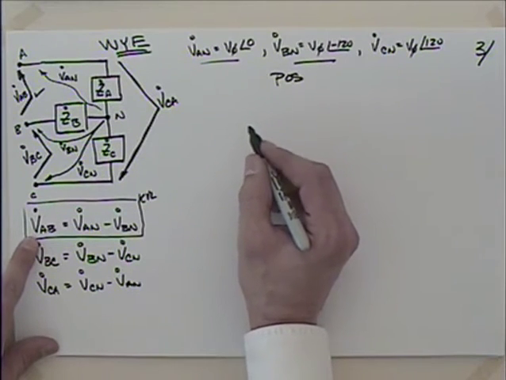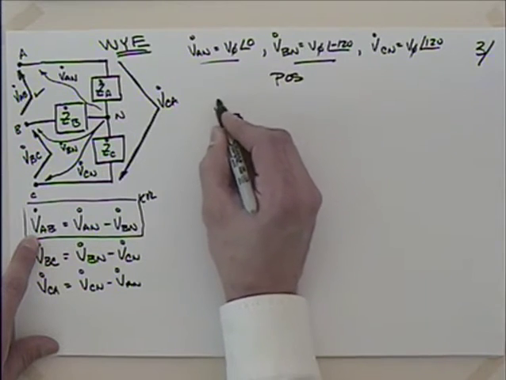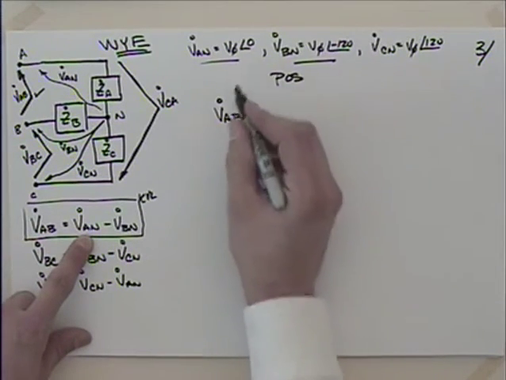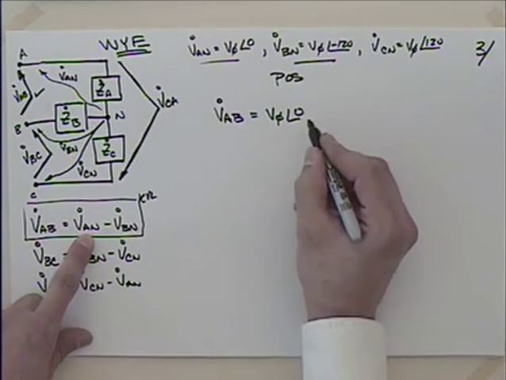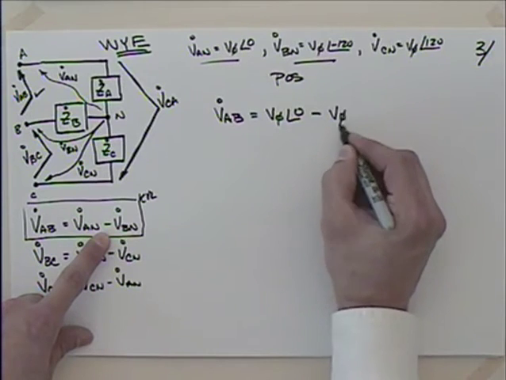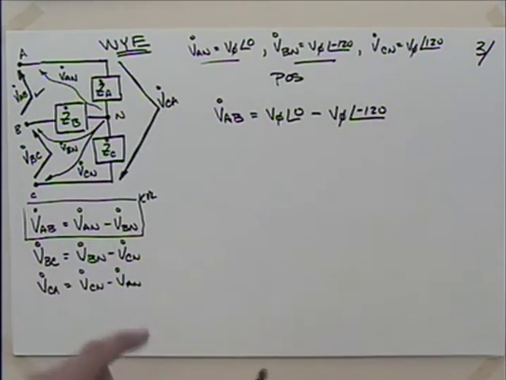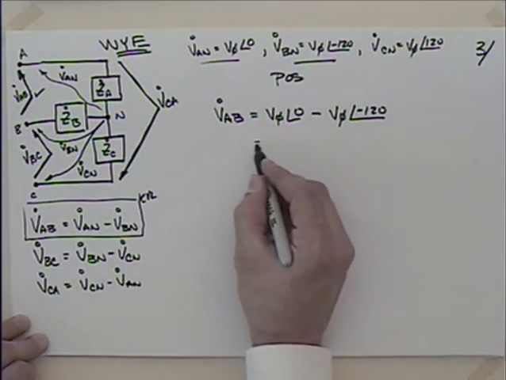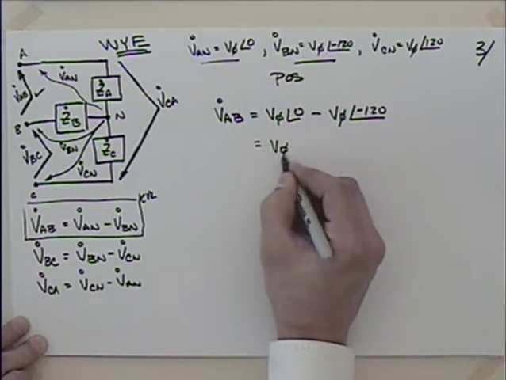Okay. So with that, let me make that substitution. So I can say that voltage AB is equal to, what's AN? That's V phi at 0 degrees, and then I need to subtract off BN, which is V phi at minus 120 degrees. Is that right? And let's see, I can work with this. This is really V phi at 0 is just V phi, isn't it?